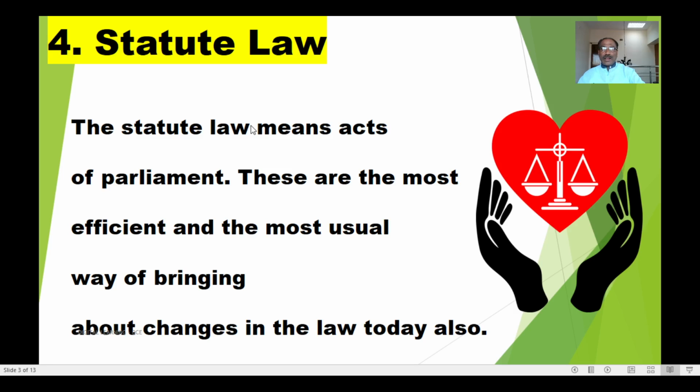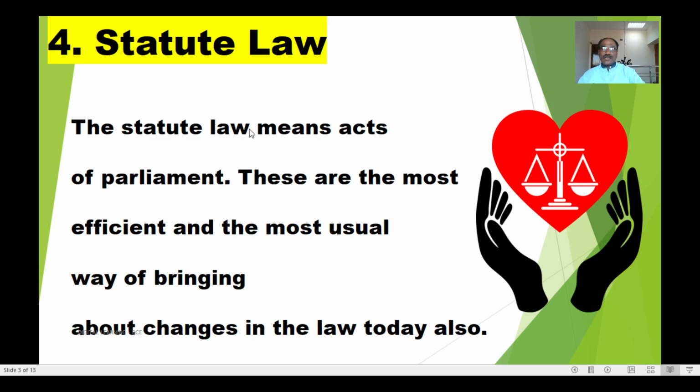Here we can observe two types of statute laws: the statute law at the center, as well as the statute law at the state level. The statute law at the central level is the law approved by the president of India.